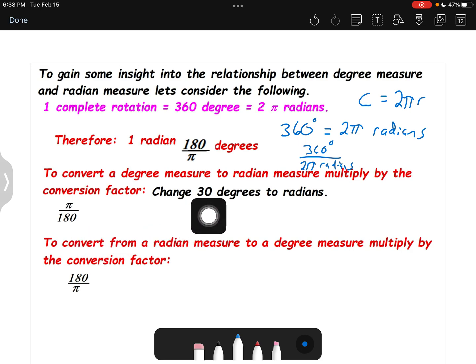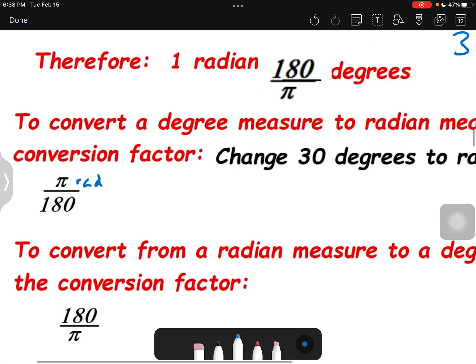So if we want to convert degrees to radians like this, what we would do is we'd use this conversion ratio. What this means is, and usually you don't write the units on here, but there's pi radians over 180 degrees, right? And so if I'm converting 30 degrees, I'd write 30 degrees over 1, and then the degrees technically are canceling out.